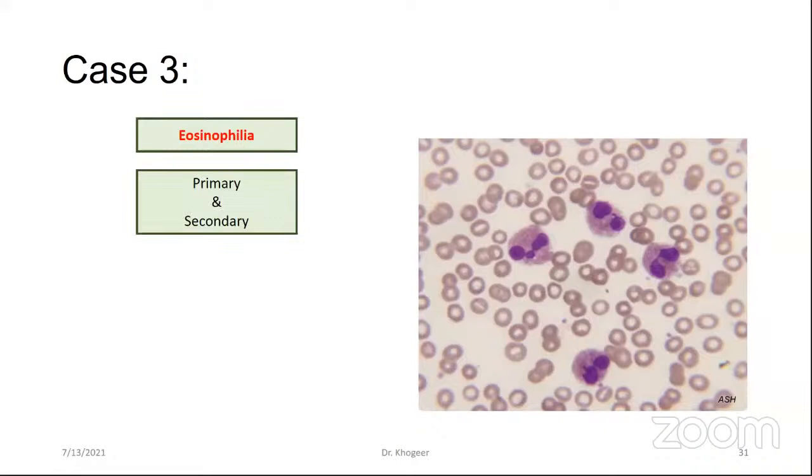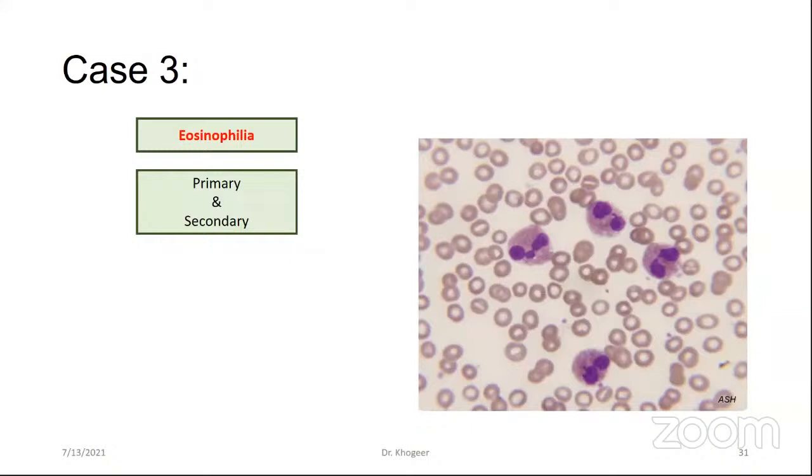Primary means the eosinophils are neoplastic, such as those associated with MPN, or secondary, like that involved with a reactive process, like infection, mainly with a parasite, or an allergic reaction like asthma or atopic dermatitis.